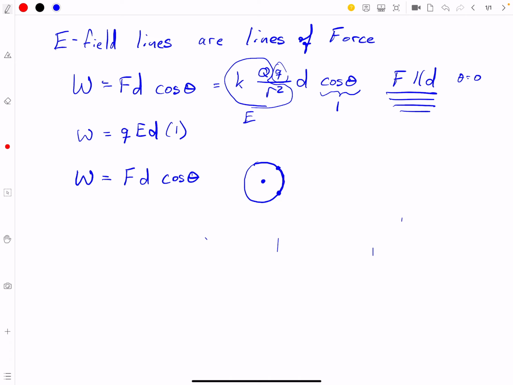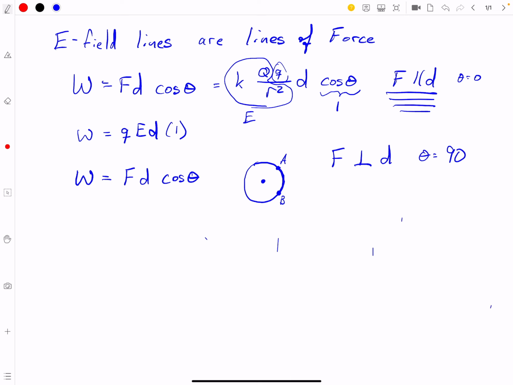Okay, that's our travel from A to B. And if we're on an equipotential line, the force line and our distance d are now 90 degrees to each other. So theta is equal to 90 degrees.